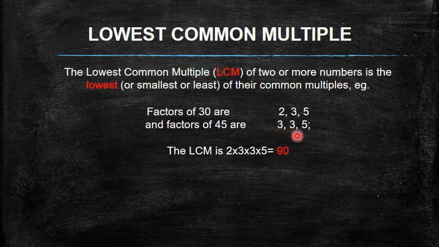But since 3 is occurring twice in the second number, we will take 3 one more time. The product of these factors will give you the least common multiple of 30 as well as 45.